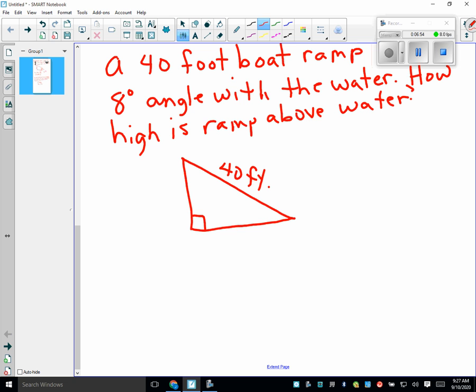All right. So this is 8 degrees. What do I want to find? You want to find y. What trig function am I going to use? Sine. We have opposite and hypotenuse.